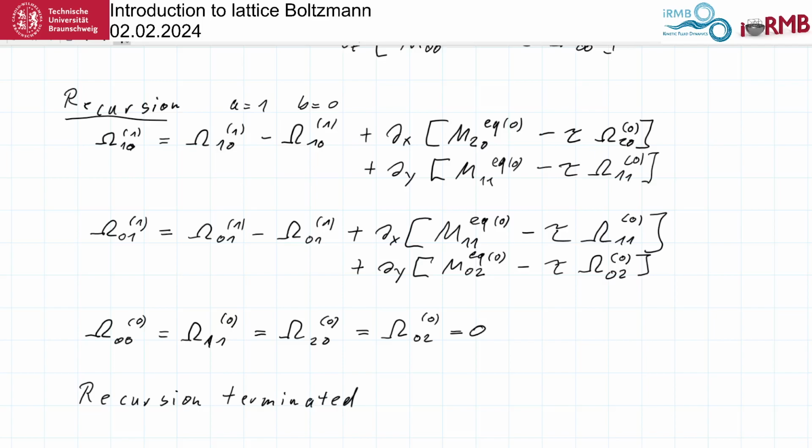Okay, and with the terminated recursion, we can actually now write down exactly the equation that we're going to solve.